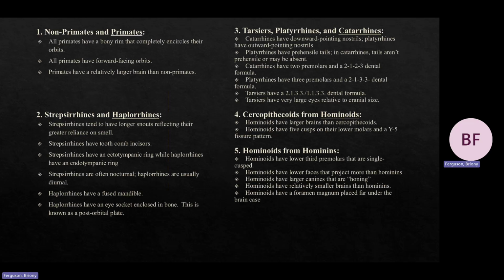You will be looking at their skulls and their dentition, and then trying to determine if they are primates or not, whether they belong in the Strepsirrhini or Haplorhini group, then whether they are in the Platyrrhines or Catarrhines group or tarsiers, the Cercopithecoids or the hominoids, and then if they are hominins or not, and why. So you have to give a couple reasons, a couple traits that helped you place them into each category.